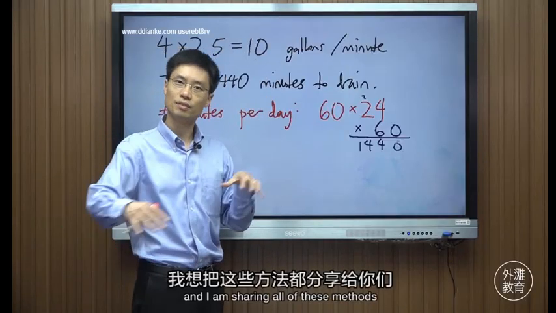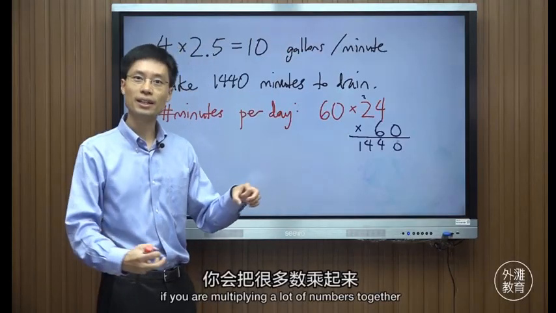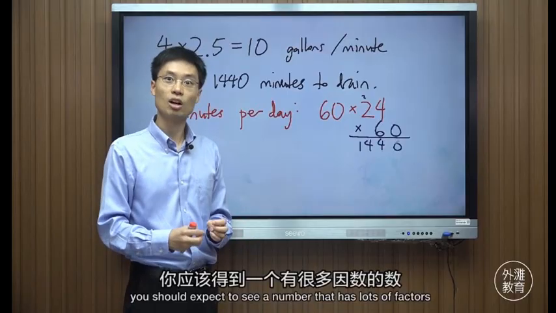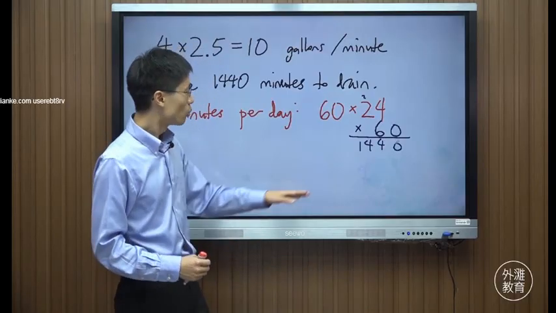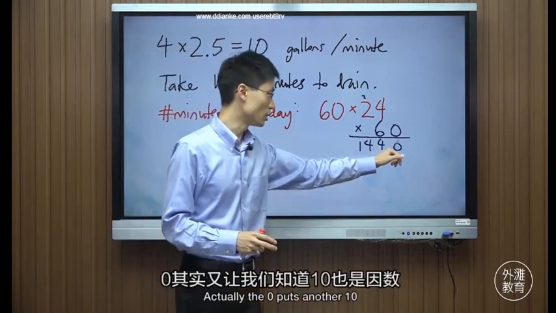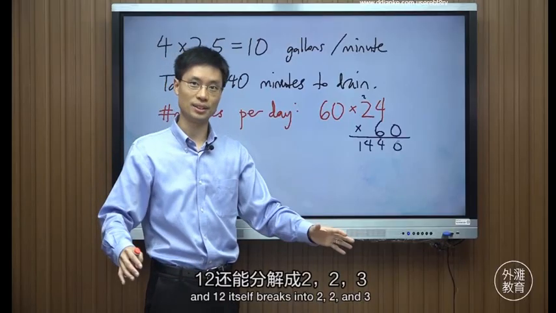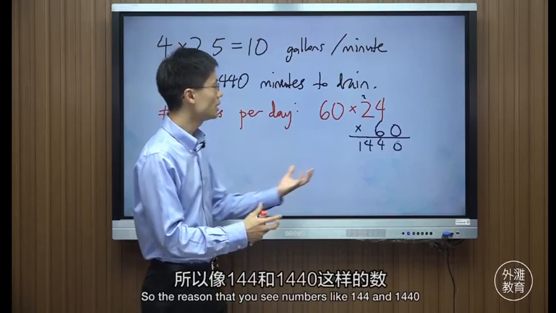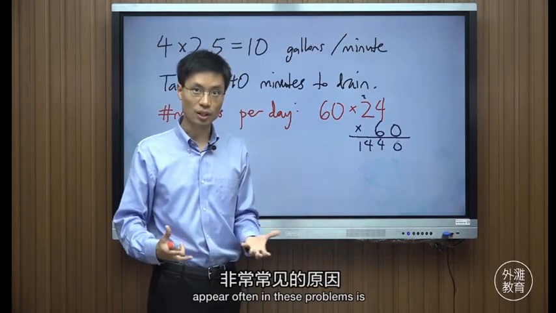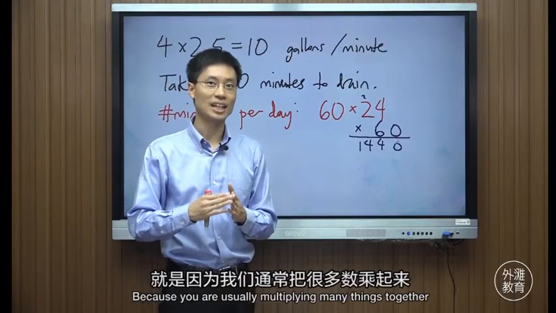I'm sharing all of these methods because when you're doing a problem, if you're multiplying a lot of numbers together, you should expect to see a number that has lots of factors. 144 is made of 12 times 12. Actually, the 0 puts another 10. And 12 itself breaks into 2, 2, and 3. So the reason that you see numbers like 144 and 1,440 appear often in these problems is because you're usually multiplying many things together.